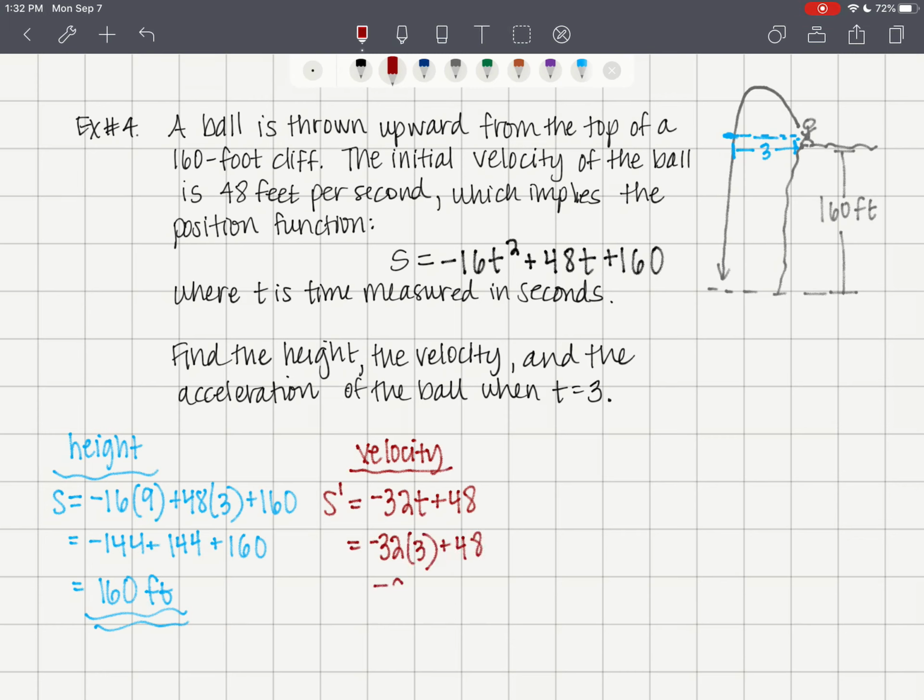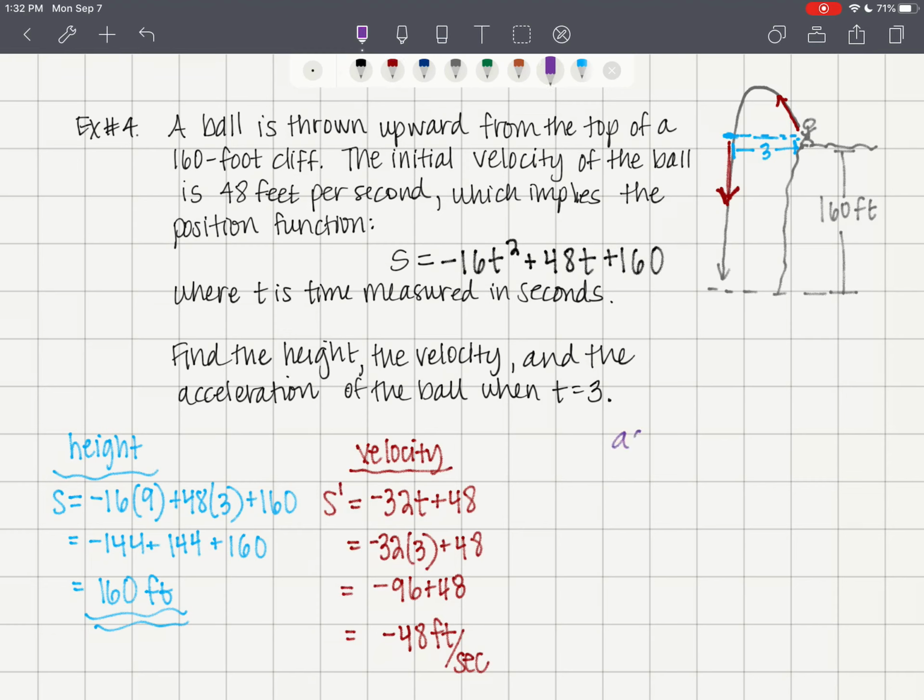So that, I believe, is negative 96 plus 48. And that is negative 48. Velocity is going to be in feet per second. And the negative means that it is on its way down. So positive would be the original direction, which was up. And then negative is the direction that's opposite going up, which is going down.